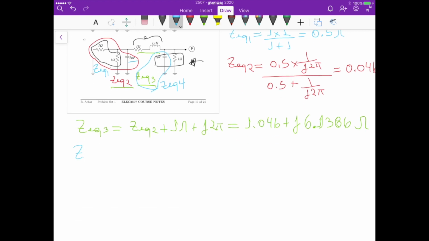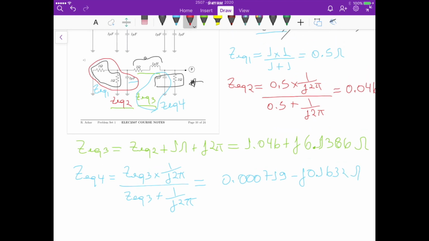So ZEQ4 is equal to ZEQ3 times the capacitive reactance 1 over j 2 pi divided by ZEQ3 plus 1 over j 2 pi, right? So this is the same as 0.00719 minus j 0.1632 ohms.